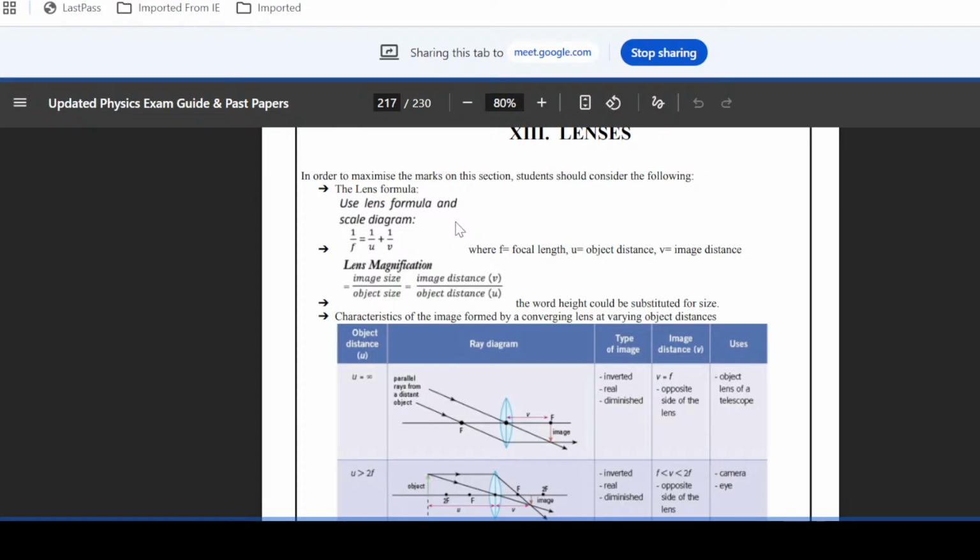We're talking about the distance of the object away from the lens, or the distance of the image away from the lens. That's what I mean by object and image distance. The height, of course, is the literal height of the image formed, or the height of the original object.